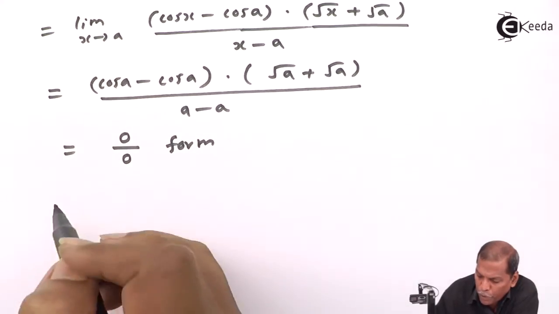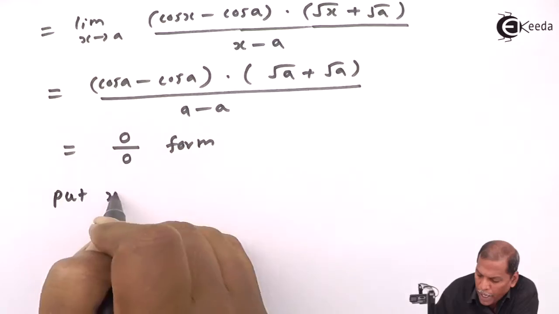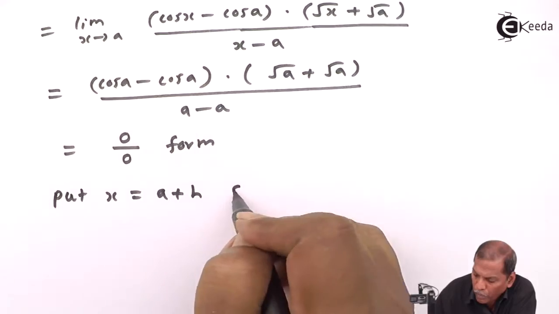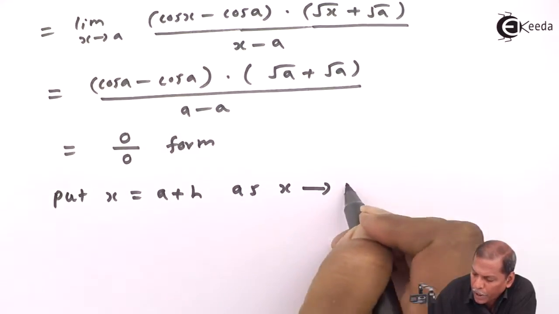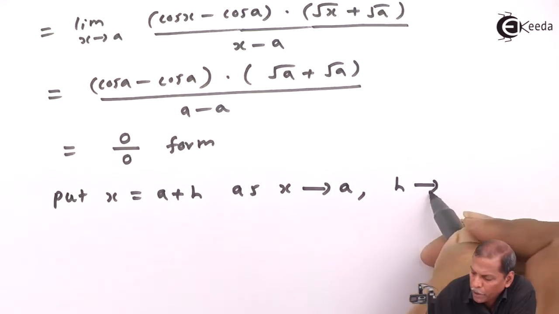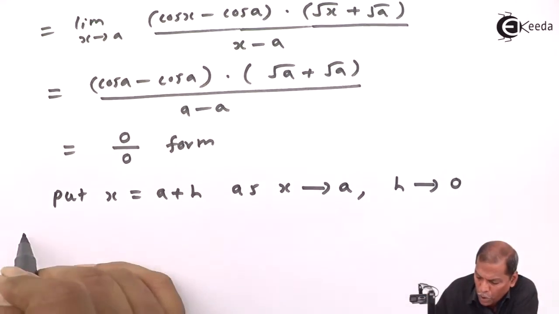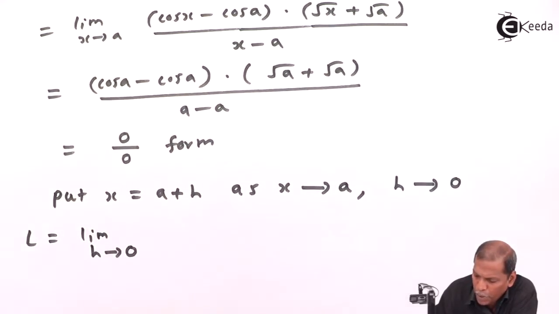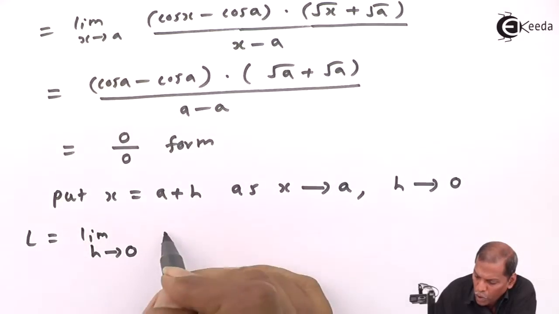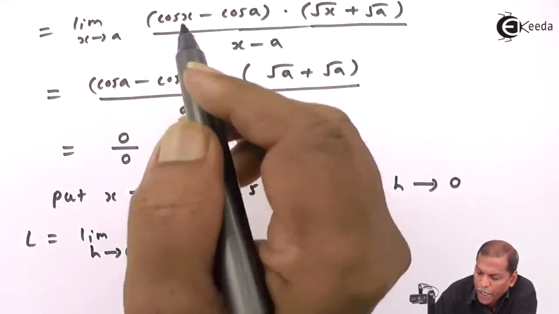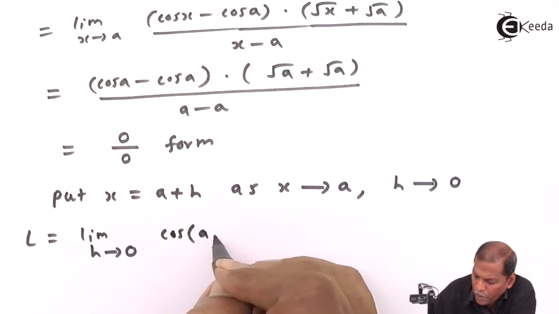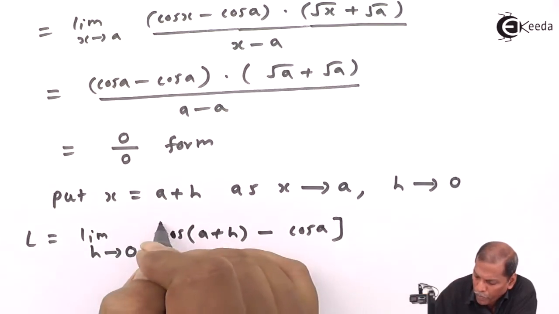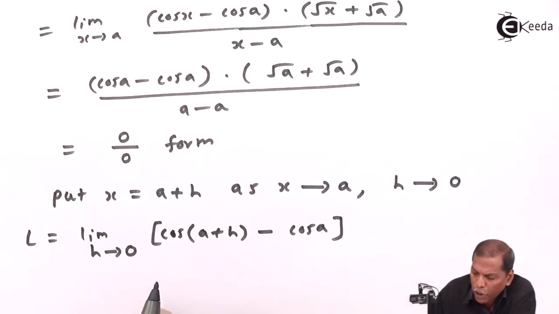So now here we put x is equal to a plus h, as x tends to a, h tends to 0. So the next step will be L is equal to limit h tends to 0, cos of (a plus h) minus cos a, first bracket complete.